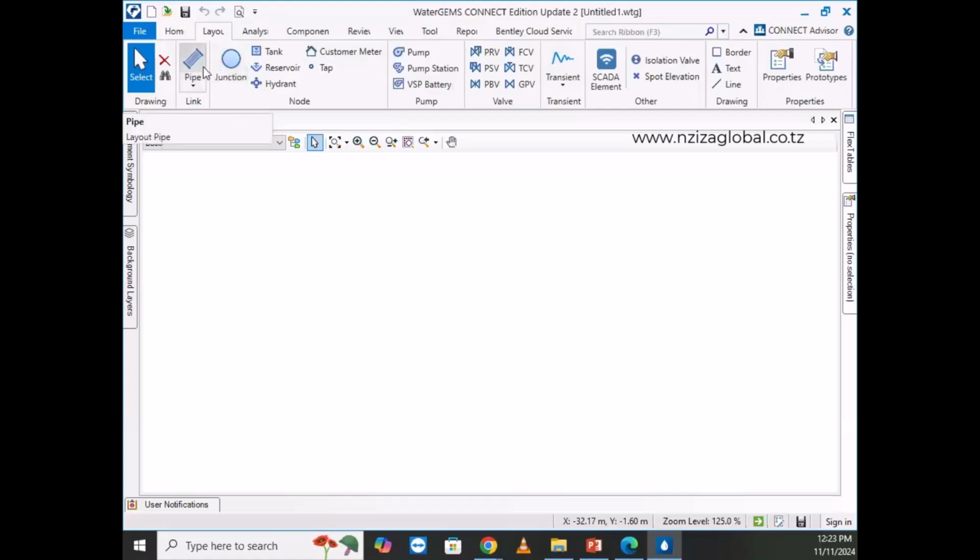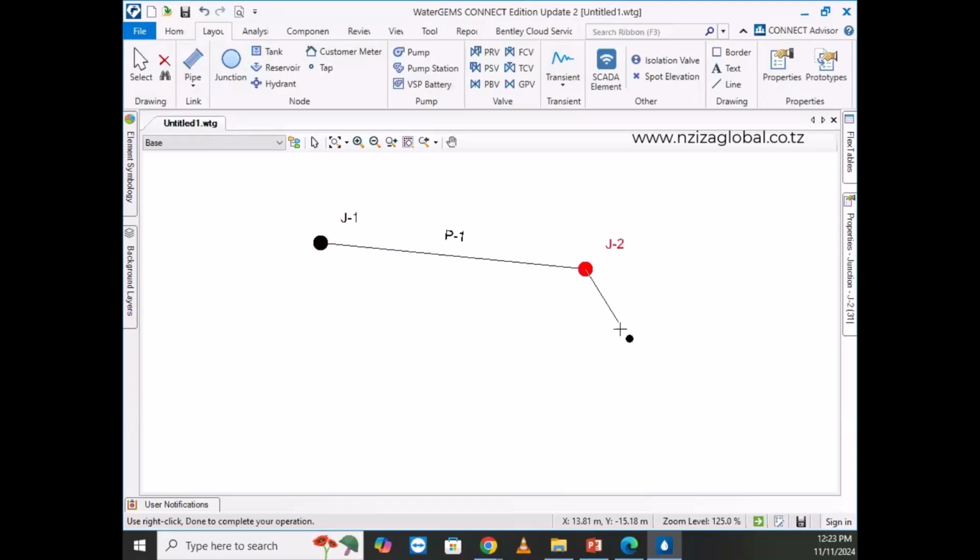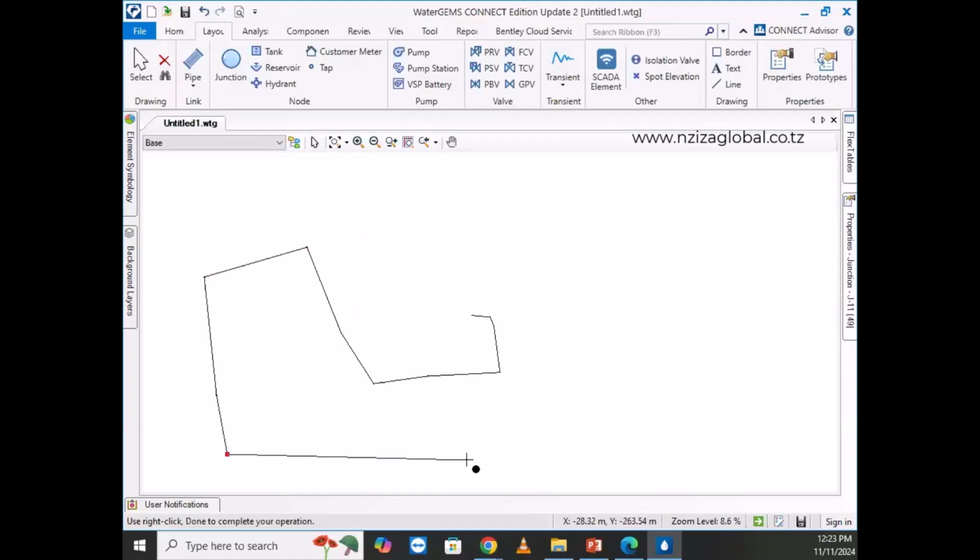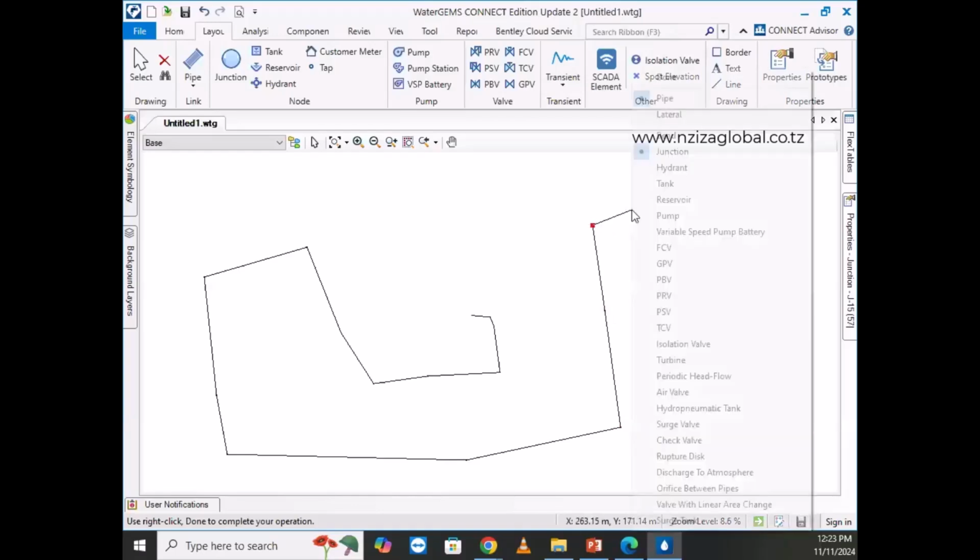infrastructures. For example, if you want to add a pipe, this is the pipe that I'm adding. When you add a pipe, it goes with nodes, because each pipe has to have a starting point and an ending point. So by adding a pipe, you are also adding the nodes.